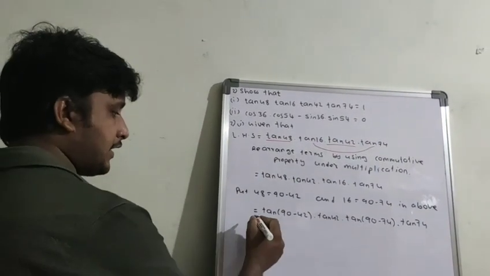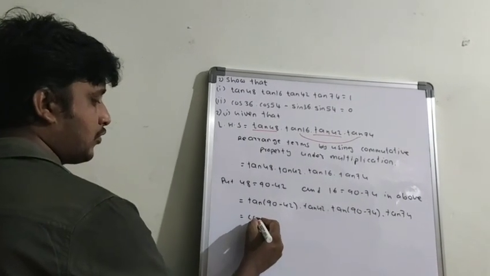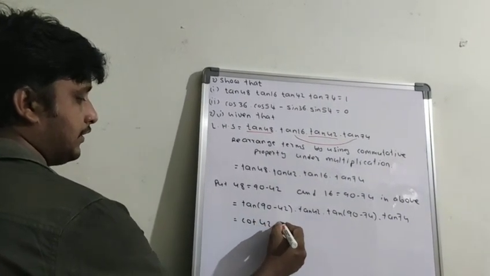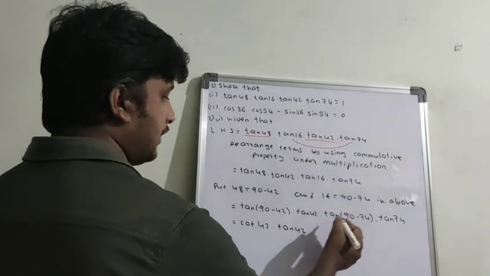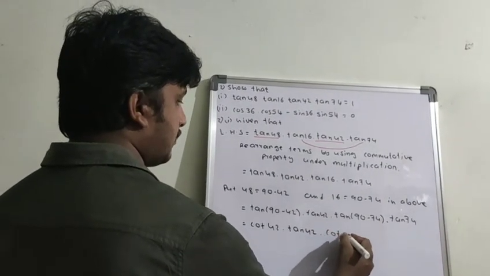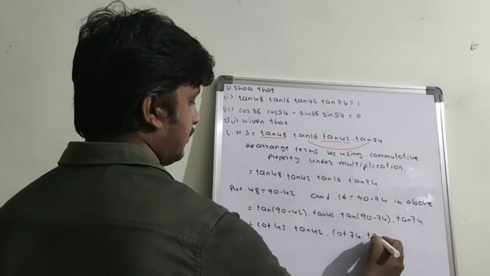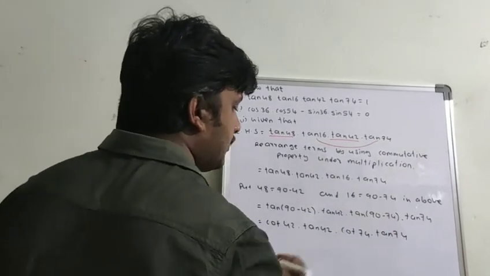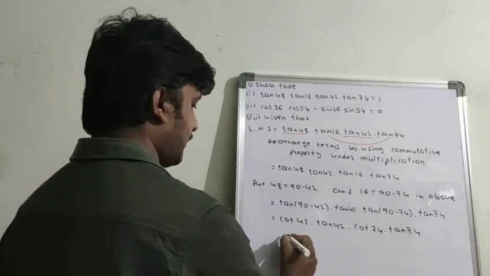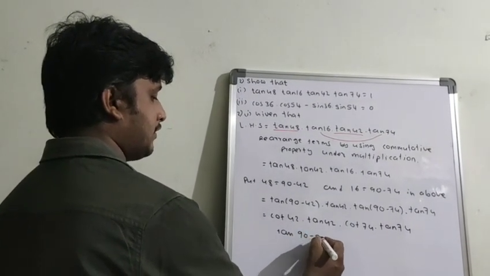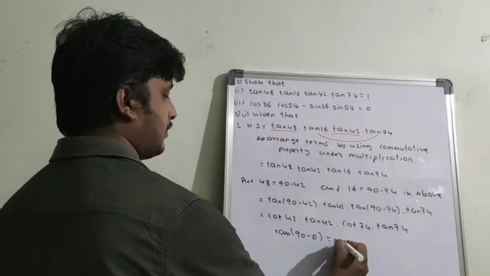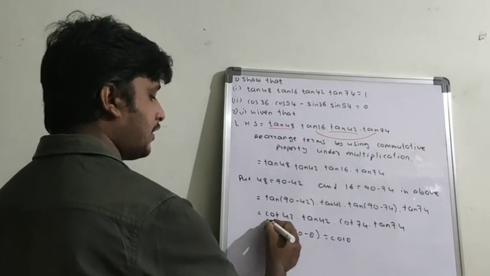So tan 90 minus 42 is obviously cot 42 into tan 42. Okay. Similarly, tan 90 minus 74 is cot 74 into tan 74. So we know very well tan 90 minus theta is equal to cot theta, by using that formula I applied here.